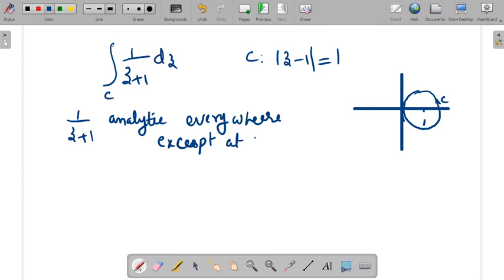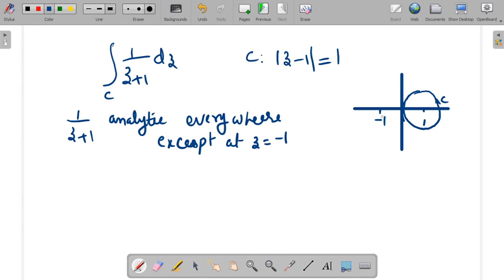So except at Z equal to minus 1. So the integrand is not analytic at Z equal to minus 1. So the function f of z is a non-analytic function at Z equal to minus 1.